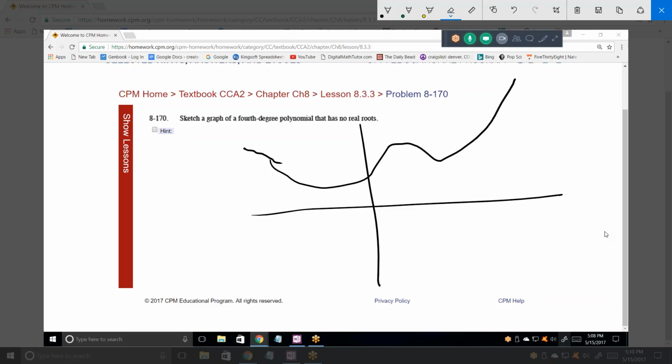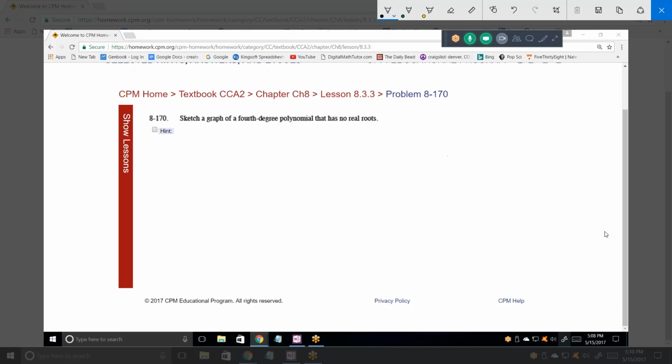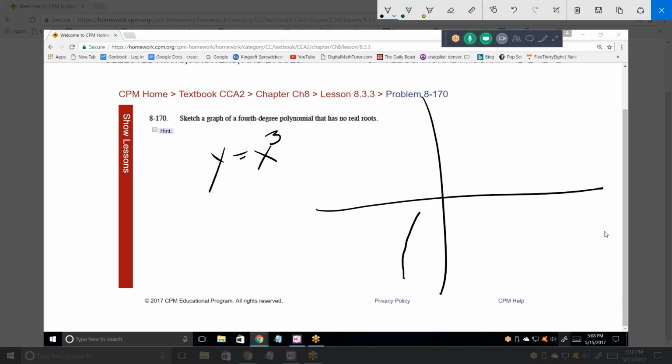Now, 4th degree polynomials don't have to have 2 humps. Notice y equals x cubed is a 3rd degree polynomial. That doesn't have any humps at all. Looks like that. But the moment I move it off the origin, in other words, if I shift that thing left or right by doing something like adding an x squared plus an x, well, now it's going to have some bumps in it.